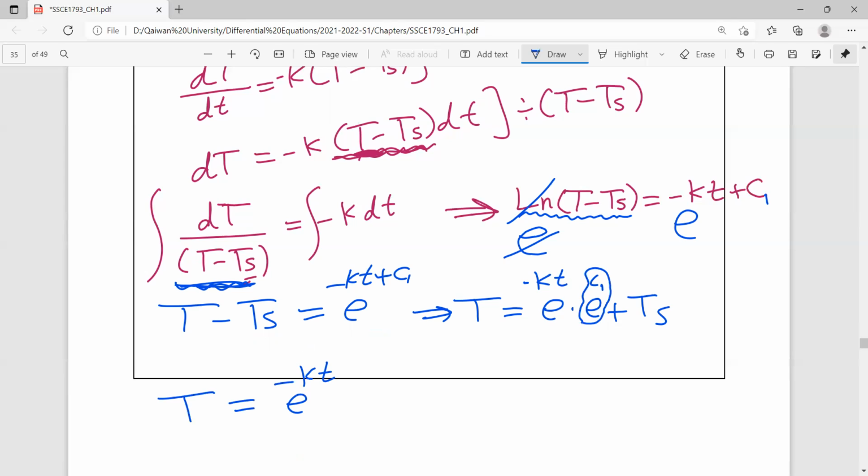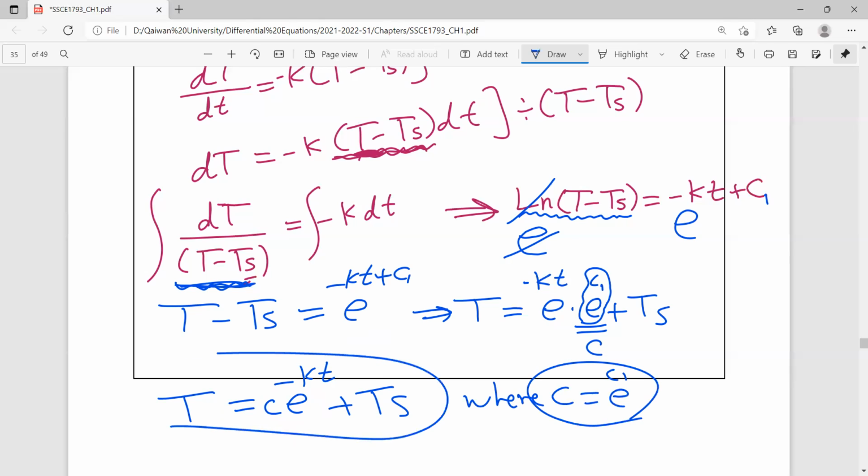Constant to the power of constant is still a constant. So we let this be c. Then we have e to the power minus kt times c, plus Ts, where c equals e to the power c1. So the solution must be on this form.